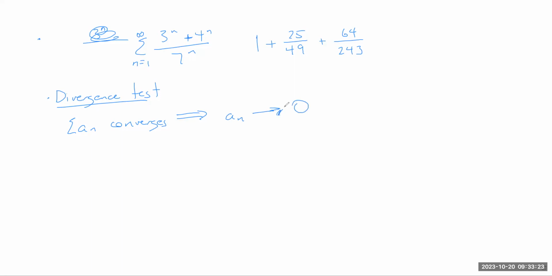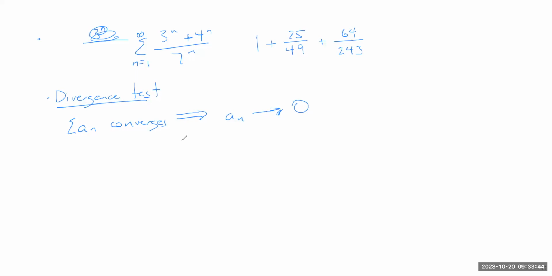If I have some sequence a sub n, and the series associated with that sequence converges, that means the sequence itself has to converge to 0. And the contrapositive is also true.